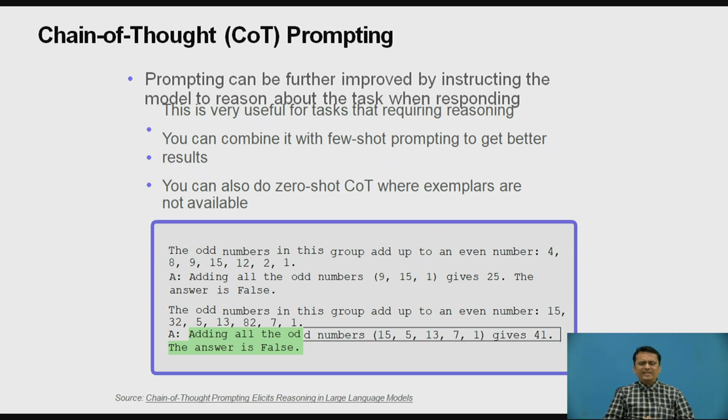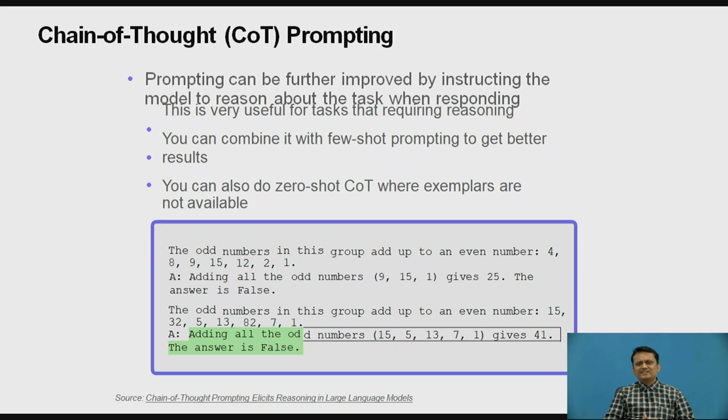Prompting can be improved by giving instructions about what the task is and what steps you should perform to complete that task. You have to combine it with few shot prompting so that you will get better results.